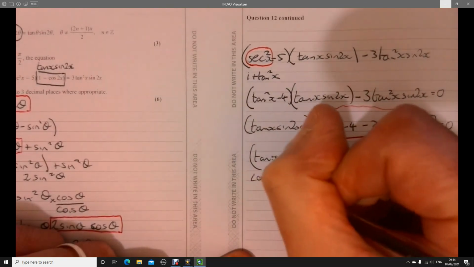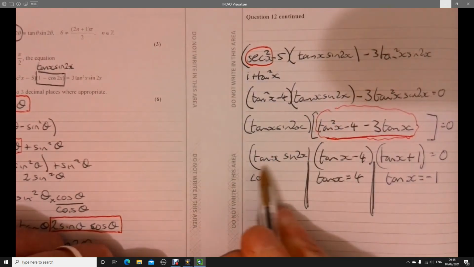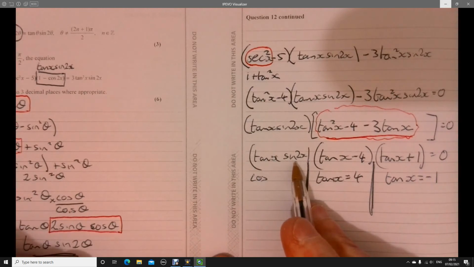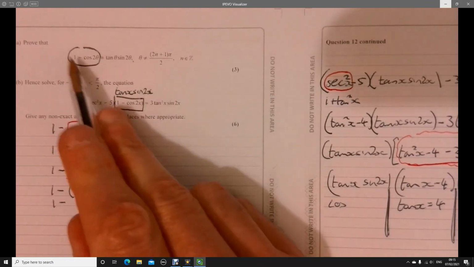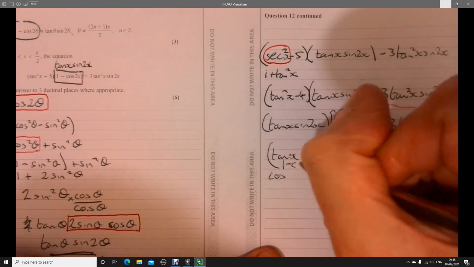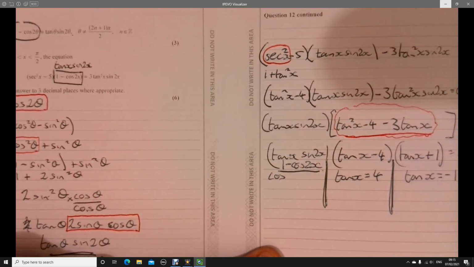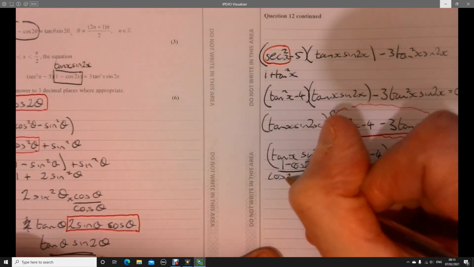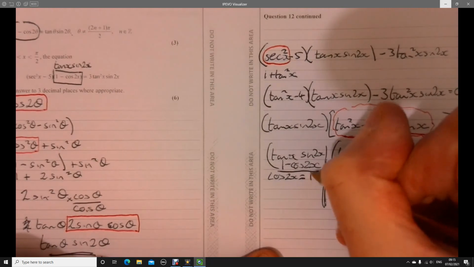And this one over here, well, we've got tan sine 2x. That's horrible, isn't it? But remember what we did before. Let's switch it back to 1 minus cos 2 theta. 1 minus cos 2x we got there. So therefore, cos 2x must equal 1.